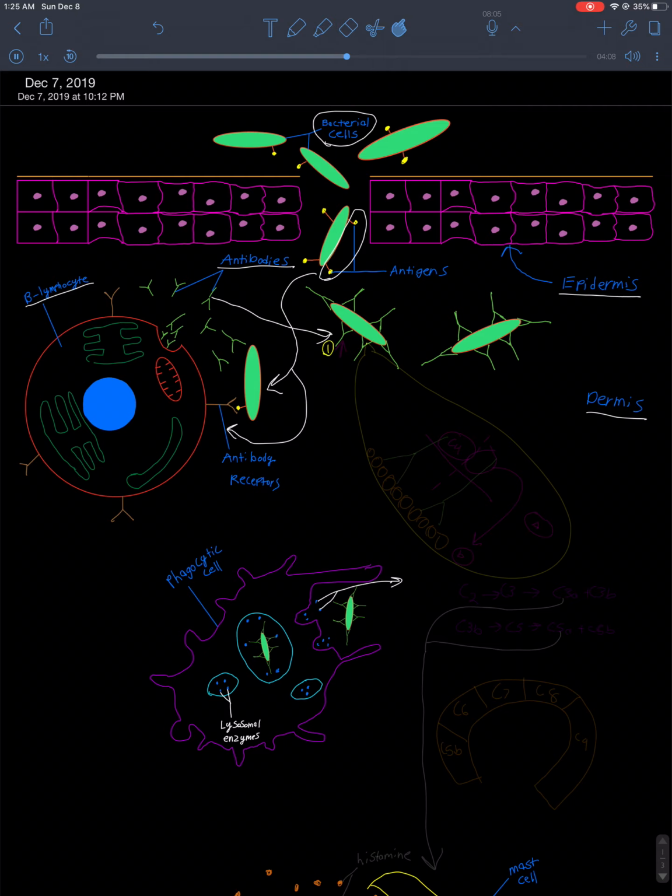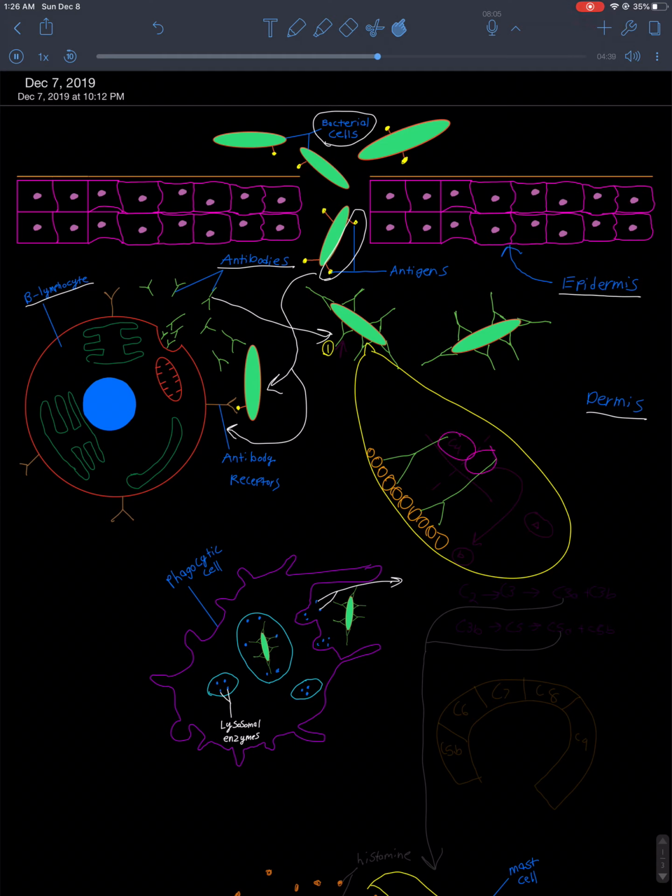If we zoomed in at this point right here, give me 1 second to draw it, we're going to find that the cell membrane has antibodies attached to it. And these antibodies will indeed have the complement protein bound.